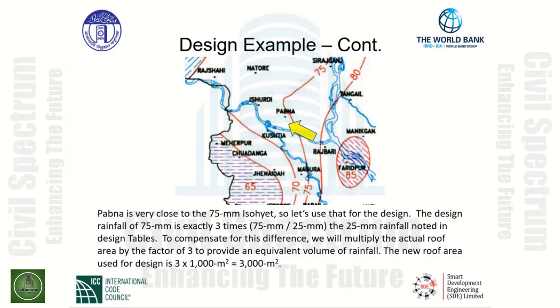To compensate for this difference, we will multiply the actual roof area by the factor of 3 to provide an equivalent volume of rainfall. The new roof area used for our design is going to be 3 times 1,000 square meters, which equals 3,000 square meters.